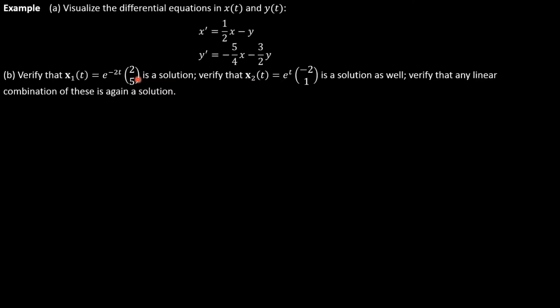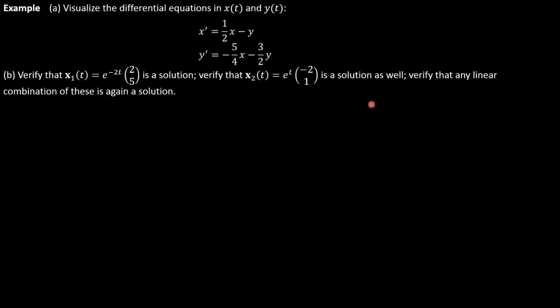And I'm saying that if you call that first component x, and you call the second component y, and plug them in here, I claim that it's a solution. And similarly for this solution. And I'm calling these solutions bold-faced x1 and bold-faced x2. Every time I use a boldface, it means it's a vector instead of a scalar.